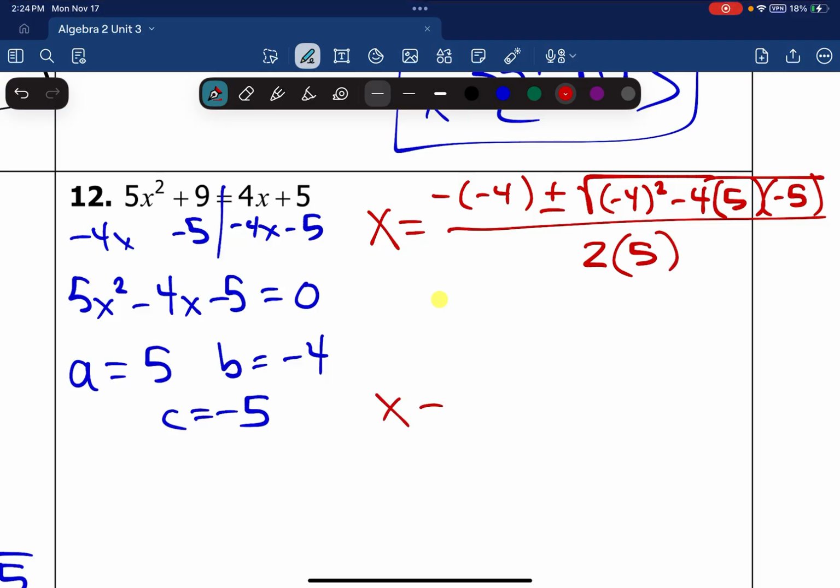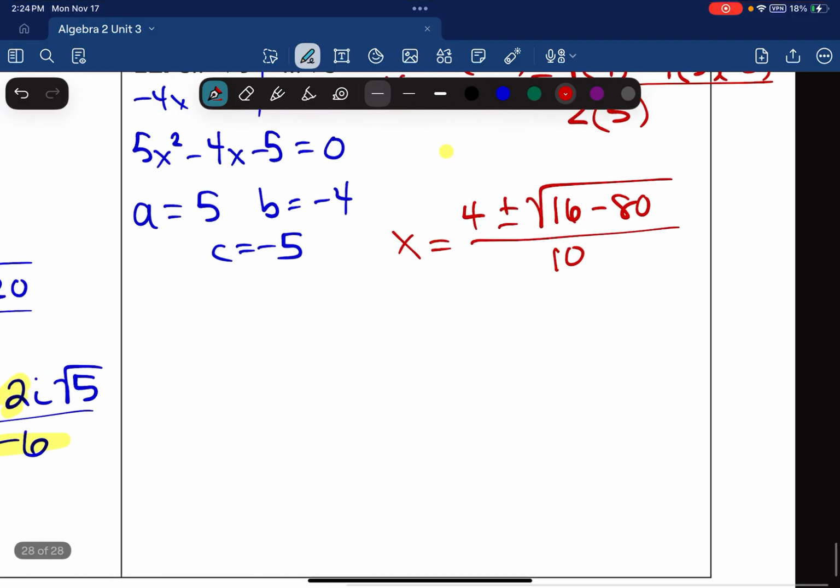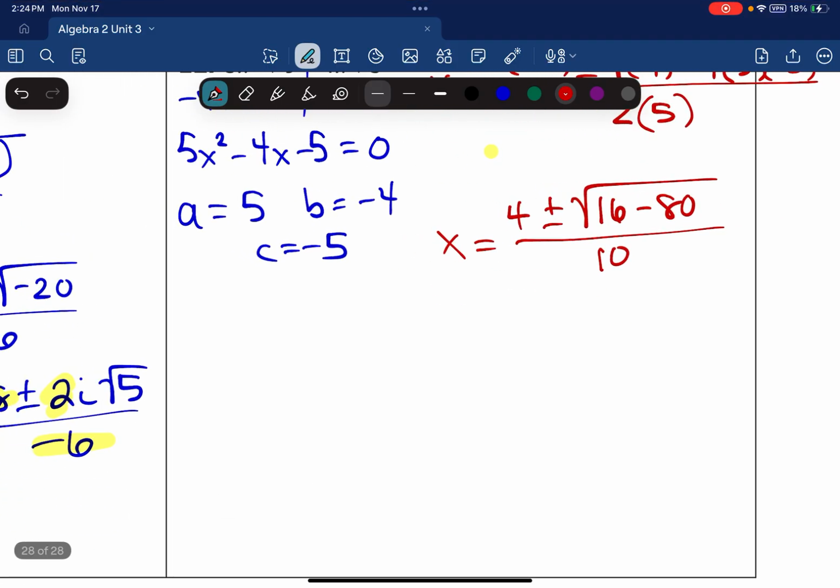All right, so I got a positive 4 plus or minus square root of 16 minus 80 all over 10. 16 minus 80 is a negative 64, so 4 plus or minus radical negative 64 over 10.